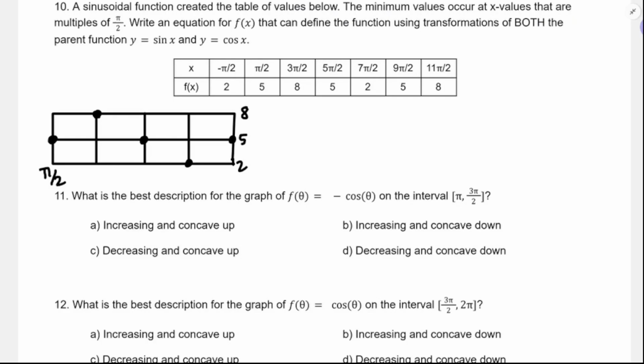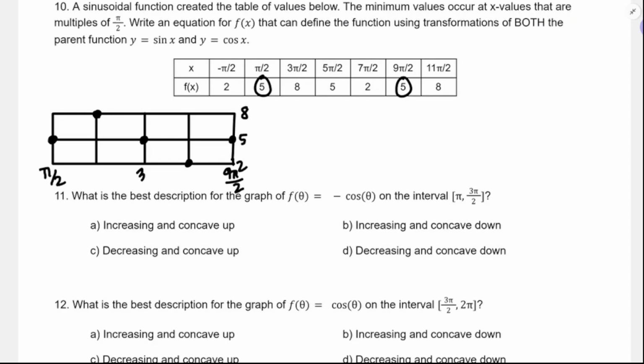The period went from pi over 2 to the next place where f was equal to 5 and coming up, which was 9 pi over 2. It looks like I increased by 8 pi over 2, which is 2 pi.